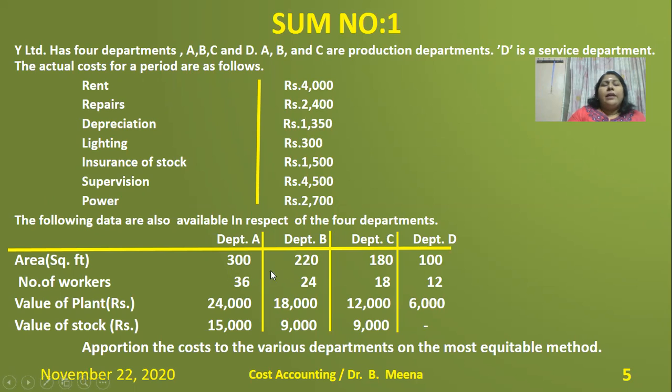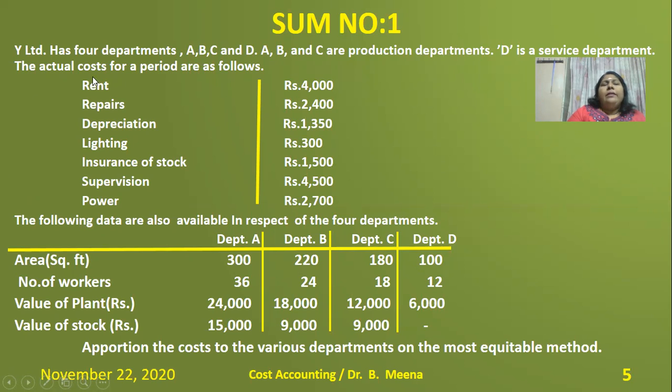So I can make use of this area information to get the ratio. How can I get the ratio? In all these four amounts, we can cancel the zero, then divide by 2. So what is the final ratio? 15 is to 11 is to 9 is to 5.